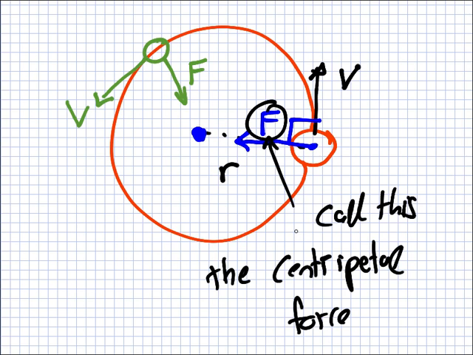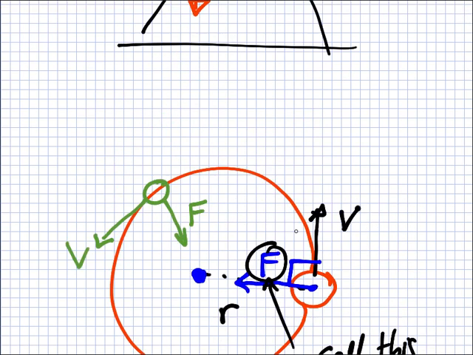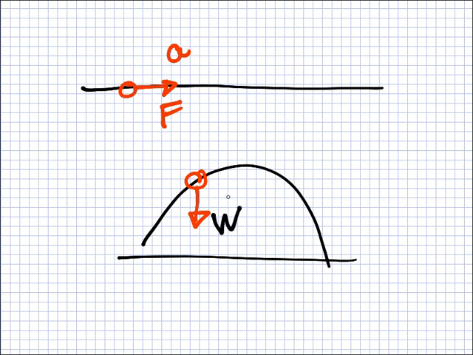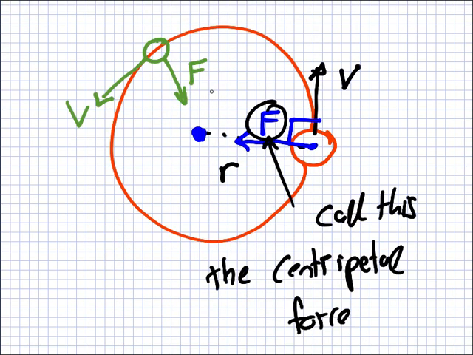This is the name we give to the force that makes it move in a circle. For example, like here, what do we call this force? This force is called the weight. Do you remember what we call this force? Very good, the thrust. And this is called the weight. This force is called the centripetal force.